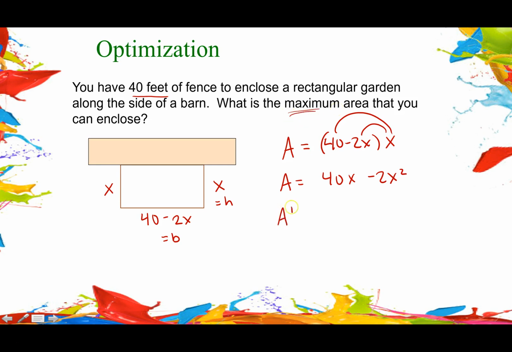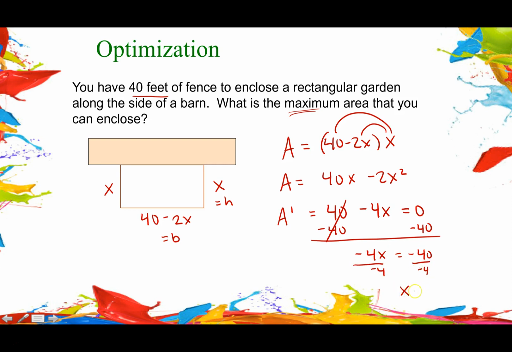So I get A prime is equal to 40 minus 4x. I'm going to set that equal to 0 and subtract 40 from both sides. That gives me negative 4x equals negative 40. Divide by negative 4, and again I get x equal to 10.